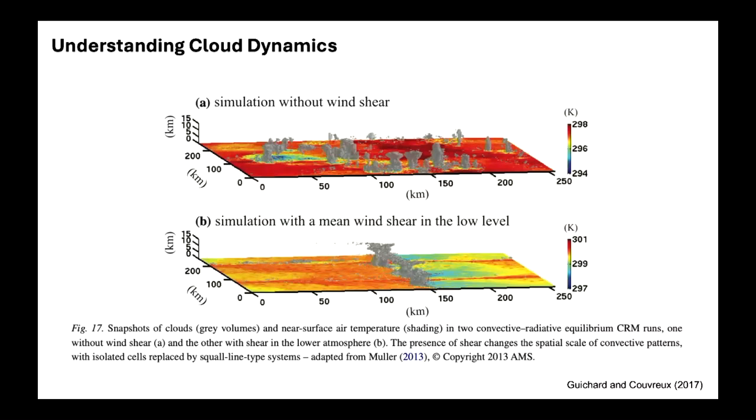But when you introduce the wind shear, you could see that these clouds start to magically organize themselves into a squall line type of system. So they're becoming more and more organized. They concluded that these simulations suggest that the wind shear probably plays a very important role in the organization of this convective mesoscale weather system.